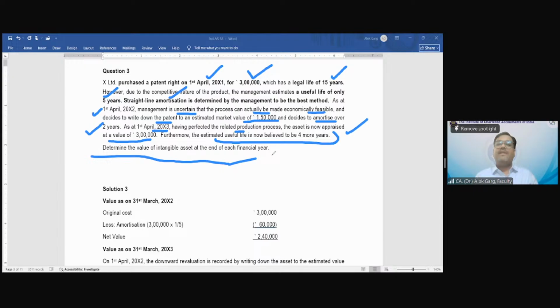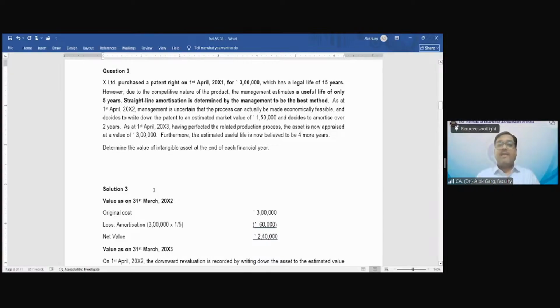Determine the value of intangible asset at the end of each financial year. Very good question on determining useful life and on the change in the carrying value and change in useful life. I hope you are able to understand the question.